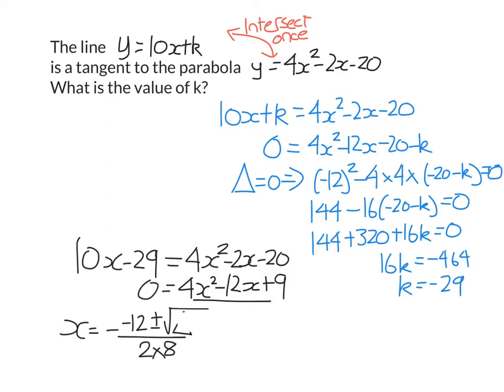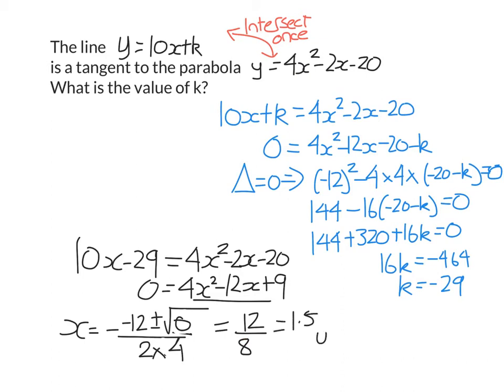If you don't believe me, you can check that easily by doing b squared minus 4ac. So what I get is 12 minus 12 is positive 12, plus or minus 0 over 2 times 4, which is 8. Sorry, this value here, a, should have been 4. So 2 times a gives you 8. So the solution is x equals 1.5.